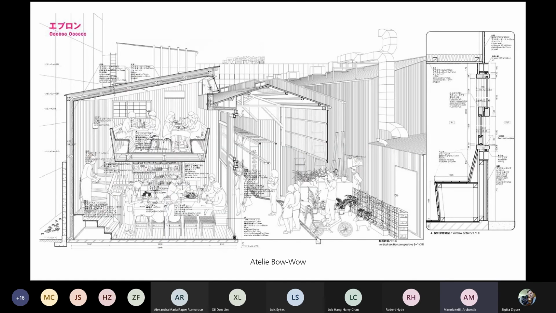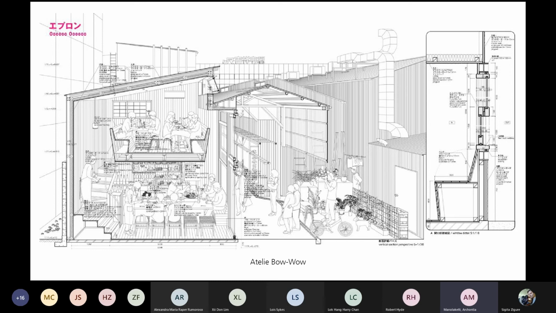And then you can look into people who are very good at presenting their work. For example, Atelier Bow Wow has a very specific, very technical style of illustrating an idea through the use of spaces as well as the technical detail. That is something very specific about the way they tend to do things, and you can immediately tell from that style that it is them that have done this project.